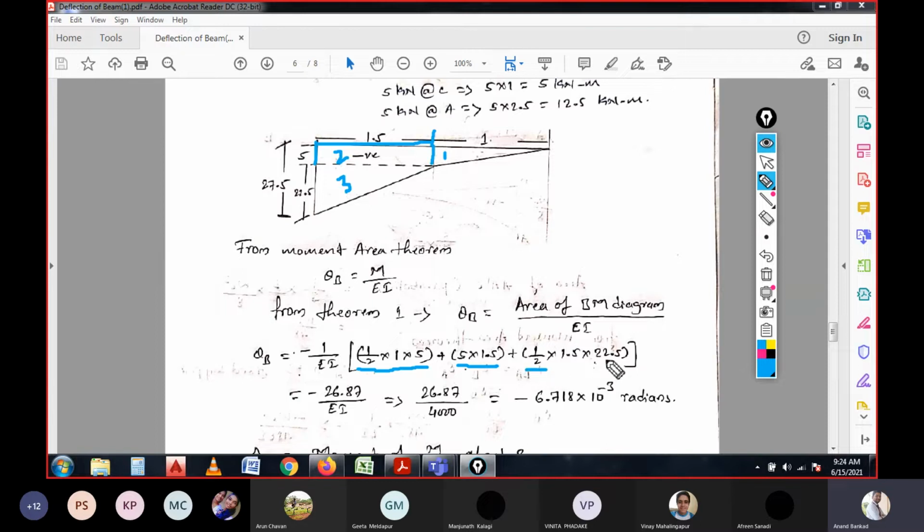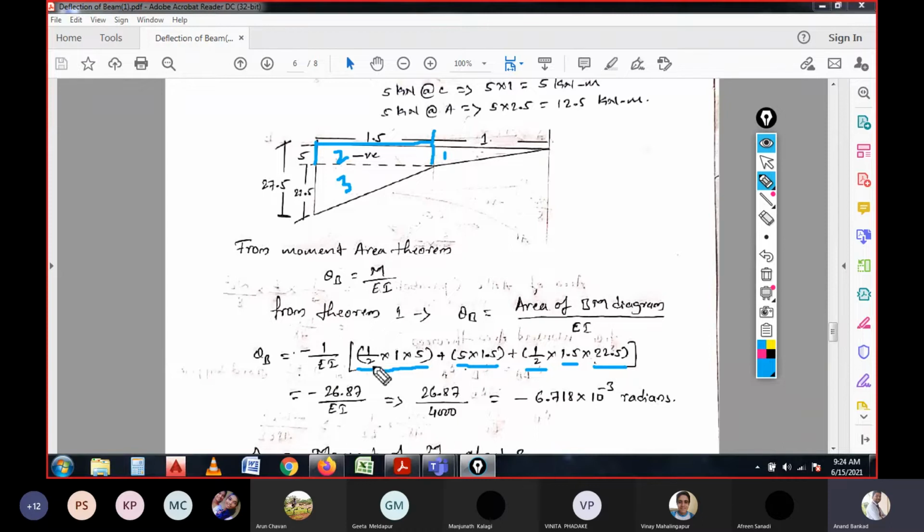So half base is 1.5 meter and the height is the remaining of this rectangle, which is 22.5. So this is half base into height for triangle 1. For the rectangle, section 2, length into breadth, it is 1.5 into 5. And for the third section, we have half base into height, where base is 1.5 and height is 22.5.